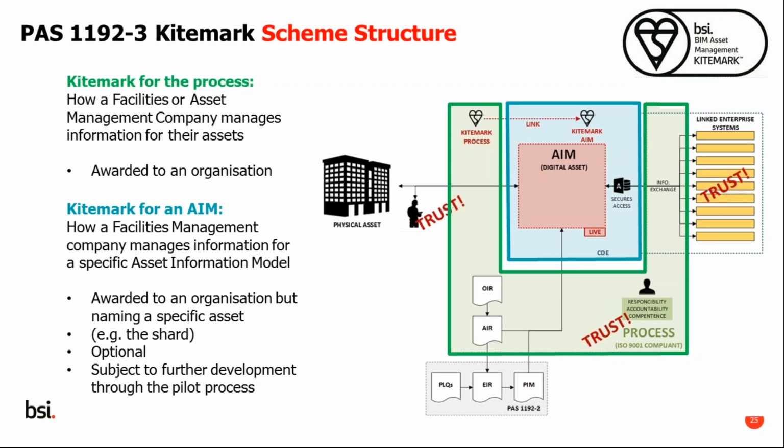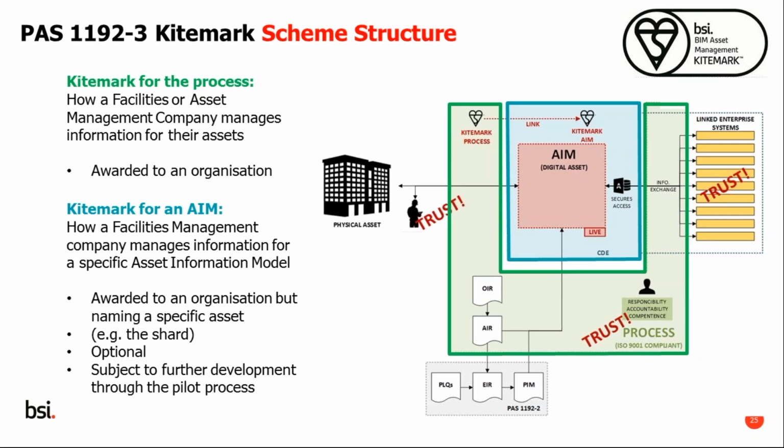It looks at how linked enterprise systems are linked with the asset information model, or the CDE itself. The kite mark against the organization is very much aimed at key processes that are carried out, and I'll talk later about what we'd actually assess in order to achieve that. But what we can also do is certify the asset information model.